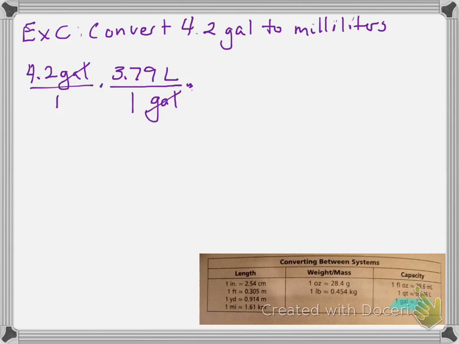So I'm going to say that my liters are on bottom, I want to go to milliliters, and in 1 liter there is 1,000 milliliters. So I do my multiplication, basically it's all up top. So I do my 4.2 times 3.79 times 1,000, and I get that there are 15,918 milliliters.